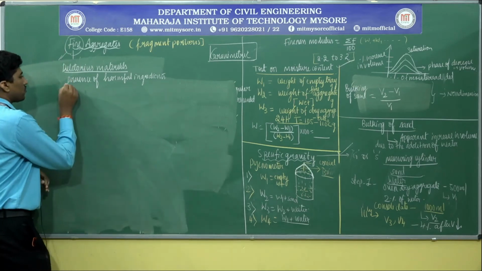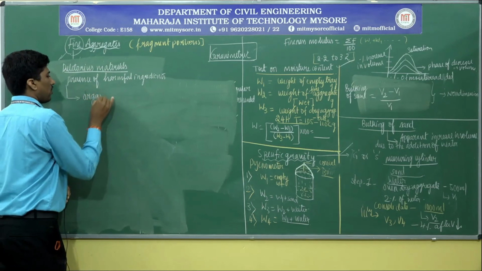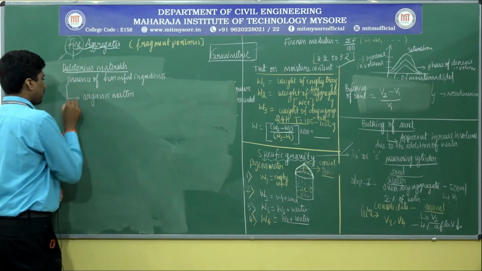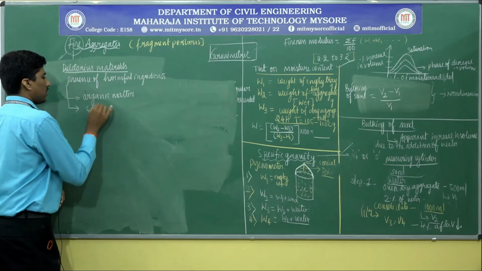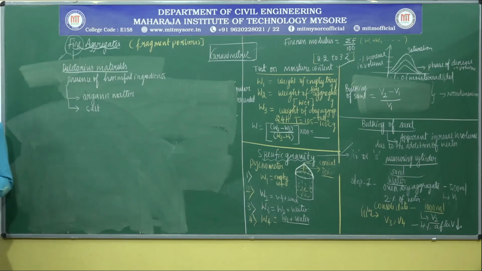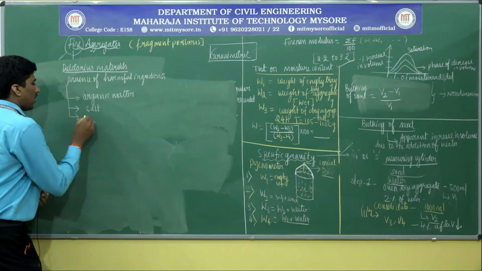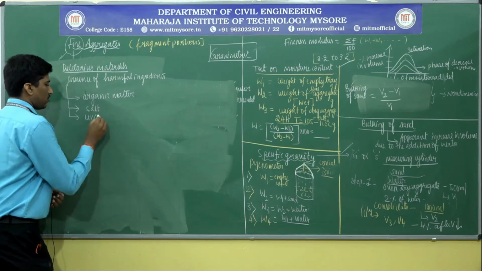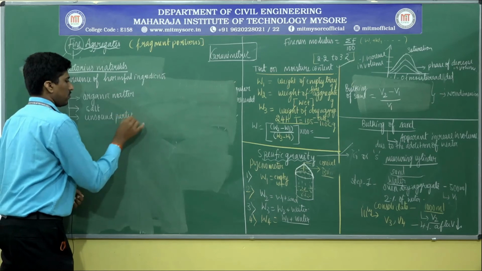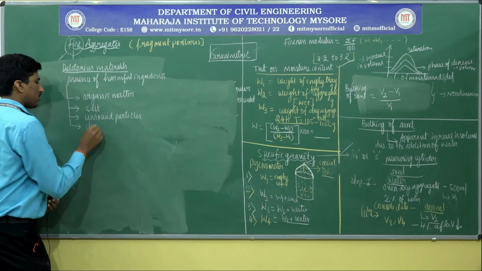Here, presence of harmful substances means either the presence of organic matter, salt content, as I have already mentioned, which tends to decrease strength, and we call it unsound materials, unsound particles, and even the clay content.